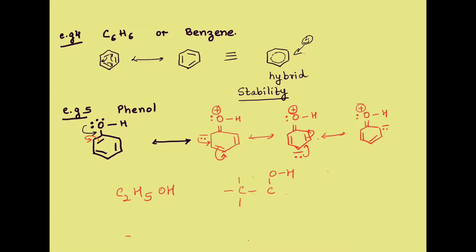There is no resonance in this compound. So no resonance means no sharing of the load, no sharing is caring, and it's a little difficult in its behavior. What do we mean by difficult? Stability.